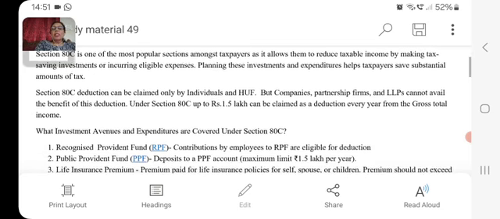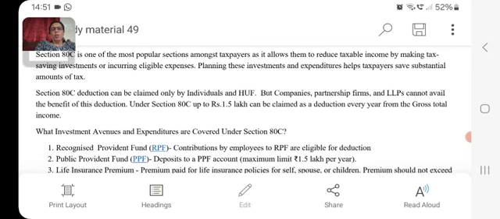Now, the maximum limit for deduction available under Section 80C is 1.5 lakh. That means if a person has made investments valued rupees 1,80,000, he cannot claim the deduction of 1,80,000 fully because as per the income tax rules, it is restricted to the extent of rupees 1,50,000.